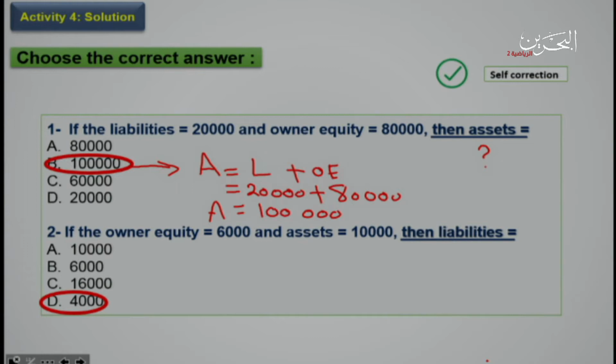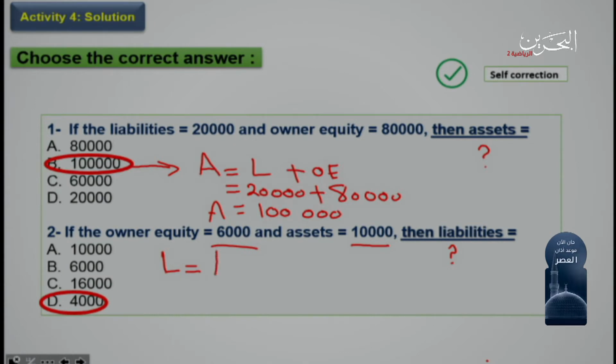Next, if the owner equity is 6,000 and the assets is 10,000, what about the liability? If I want to get the liability, how can I apply this equation? It will be assets minus the owner equity.